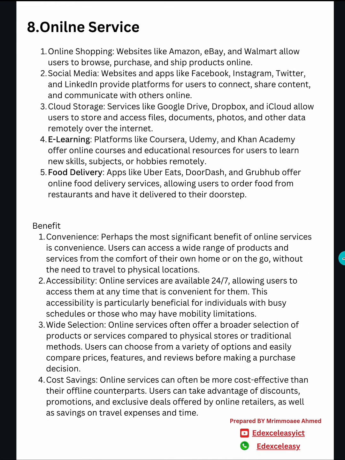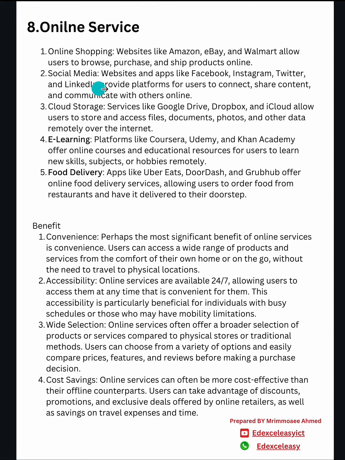Now question number 8 is online servicing. This is one of the topics, and I think most of the 8-mark questions come from this topic. So online service: first of all you have to understand what types of online service we are getting. One of the services we can get is online shopping, like Amazon, eBay, Walmart.